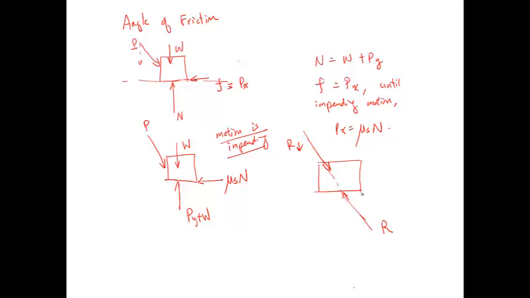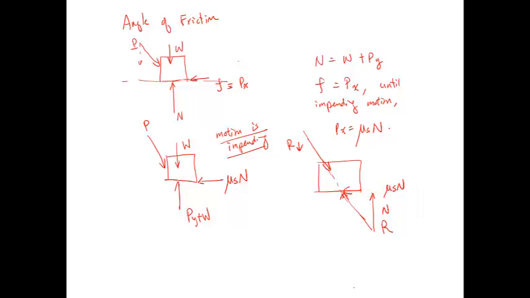At this point, can you see my mu s N, and here's my normal. My resultant has to consist of my mu s N, which is that force, and this is my normal force.